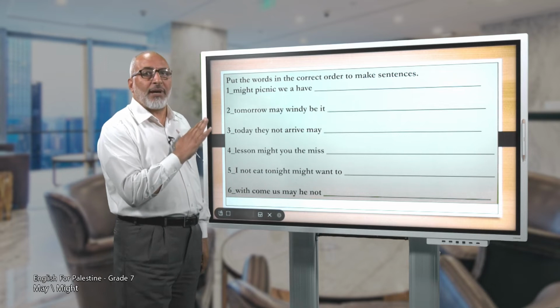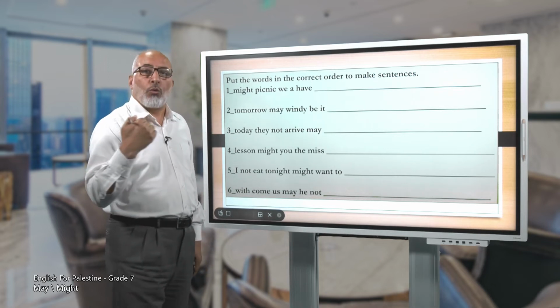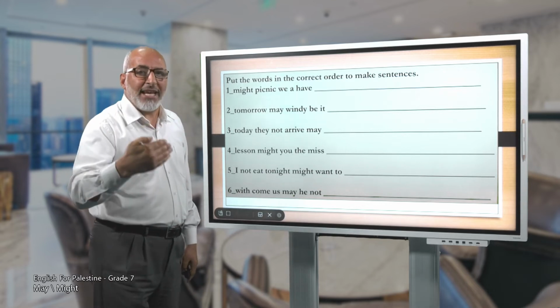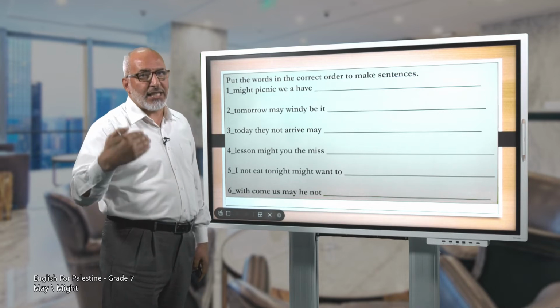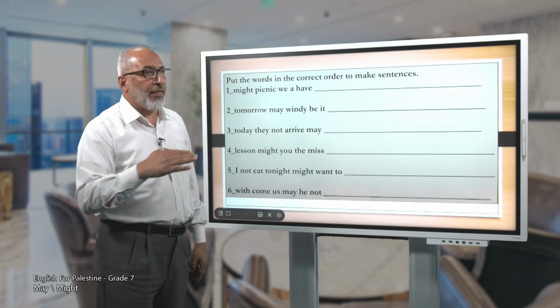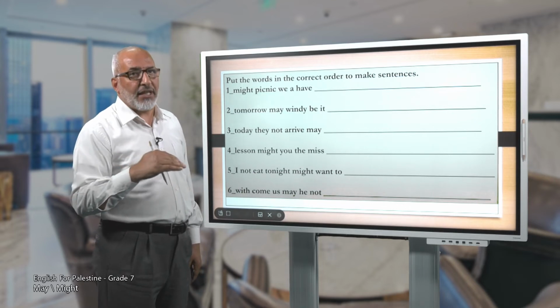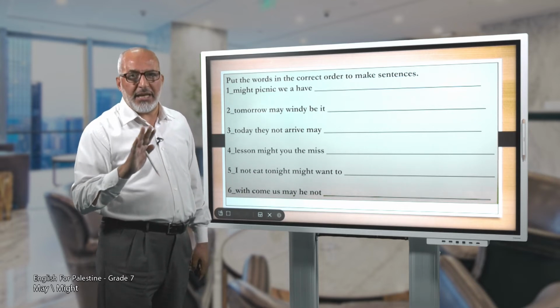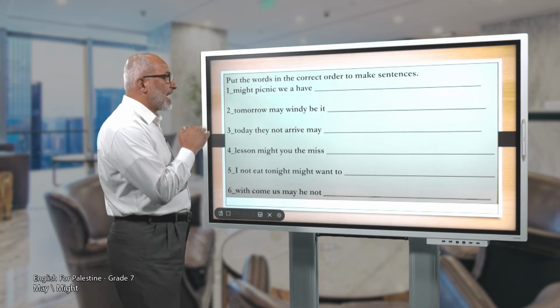They are followed by the infinitive form of the verb. Number two, we use may not and might not when we say that something is not possible. They are also followed by the infinitive form of the verb, and there is no difference in meaning between may not and might not.